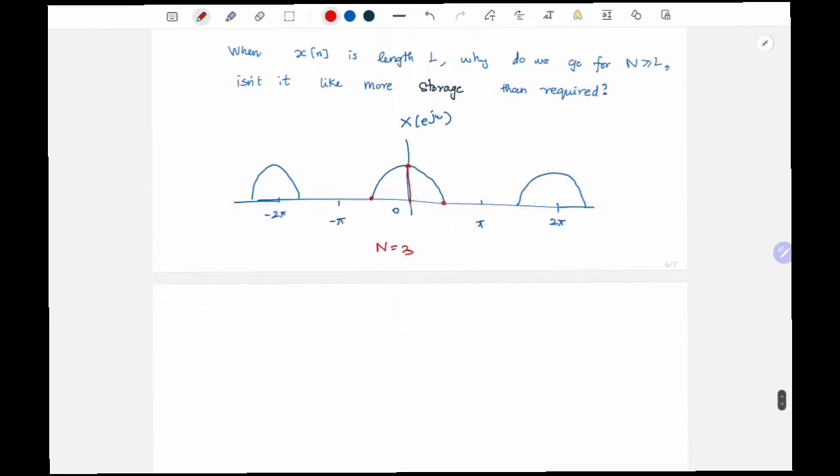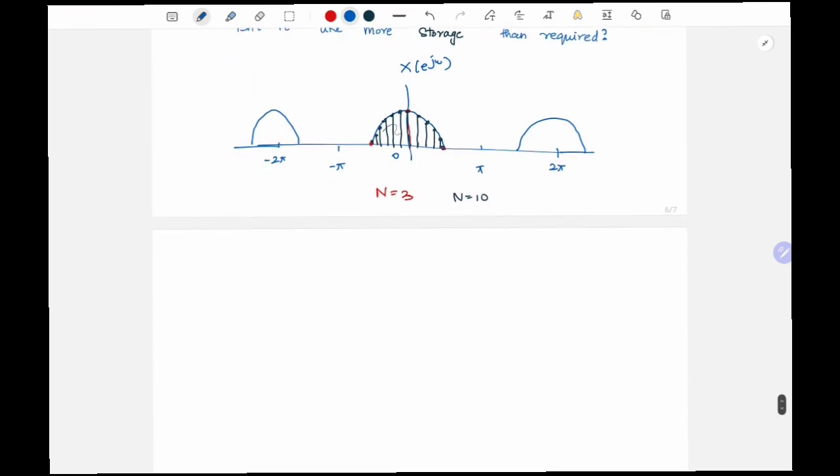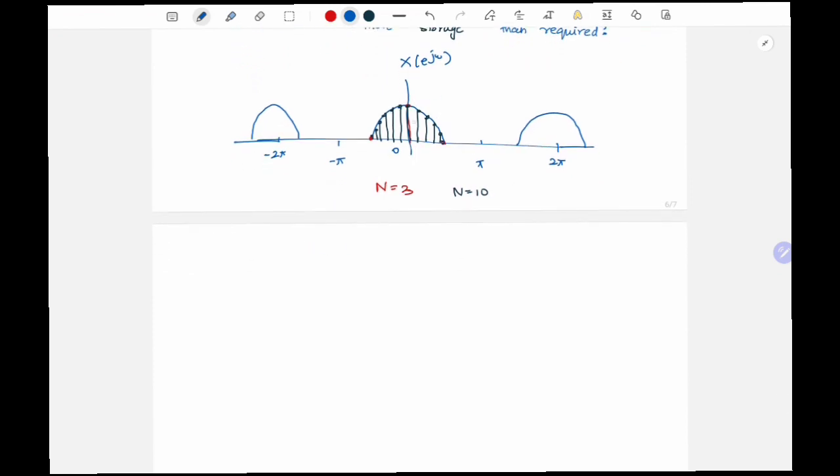If I have to visualize what frequency it is containing, this doesn't show me anything good. If I go N equal to 10, I will have something like this. This is better for humans to visualize, right?